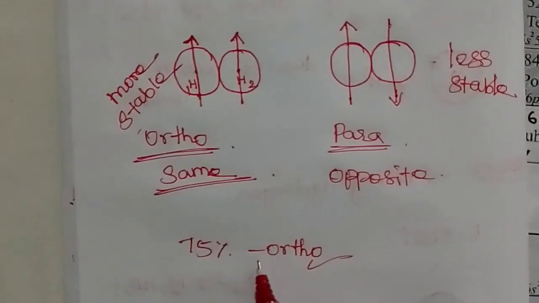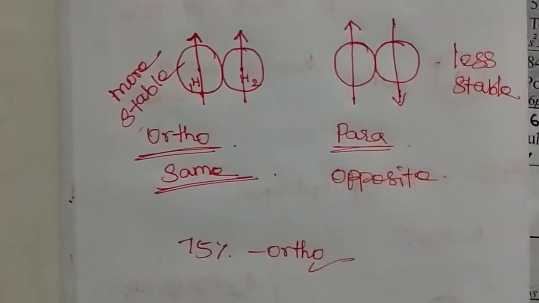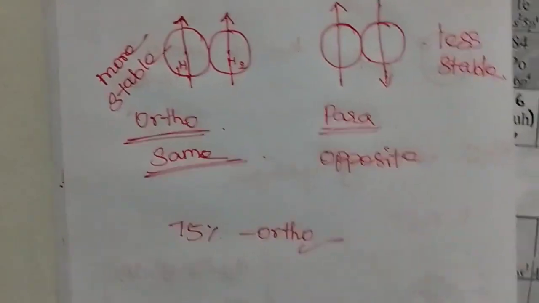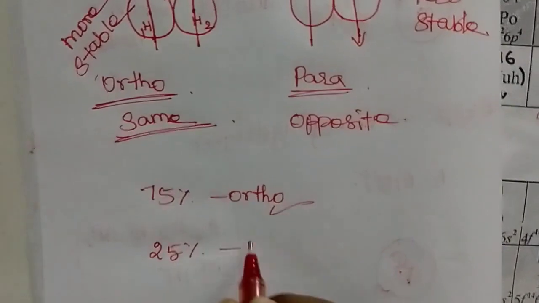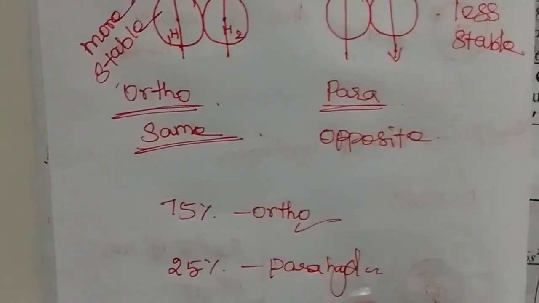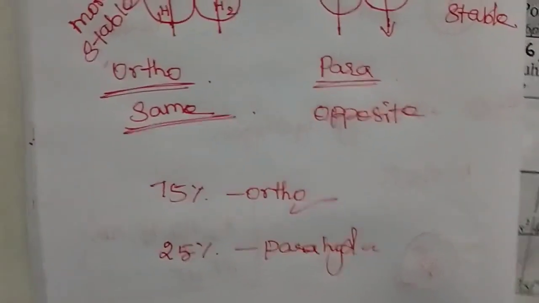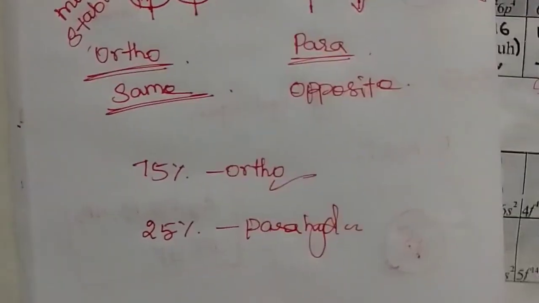This is orthohydrogen, 75%, and the remaining 25% is para-hydrogen. That means they are in anti-spin, or in the opposite direction.